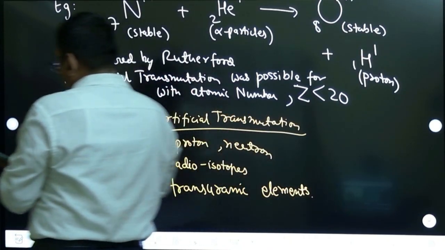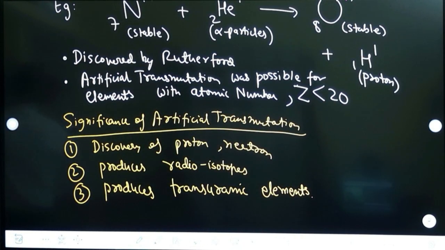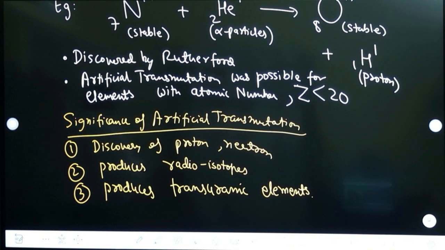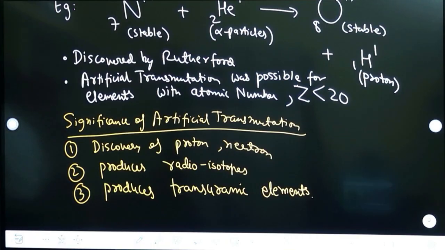I think heavier elements like those of uranium, right? Uranium, of course, is used in nuclear reactors. So transuranic elements similar to that we can produce using this process, artificial transmutation.